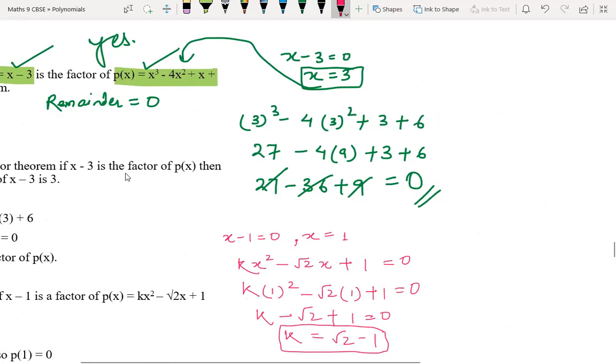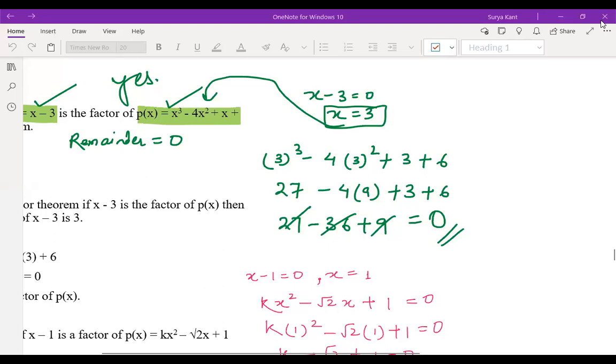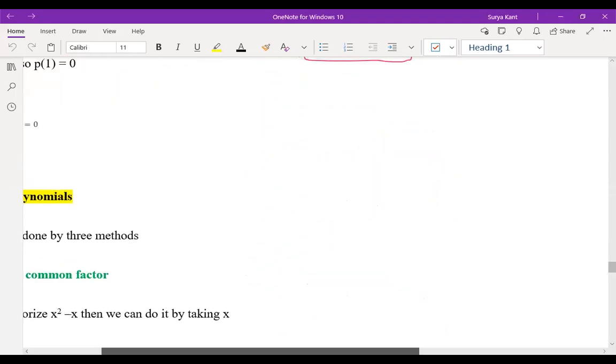Sir, how did you get root of 2 minus 1? Root of 2 minus 1. What are you saying, Sai Charan? Sir, how did you get the minus 1, sir? 1 minute. Let me check whether the answer is root of 2 minus 1.